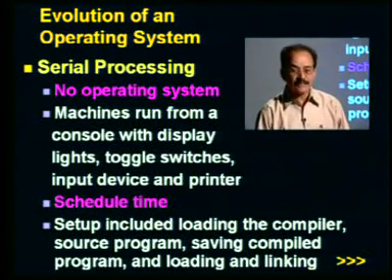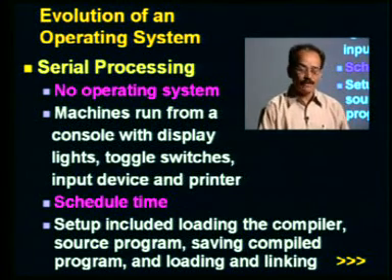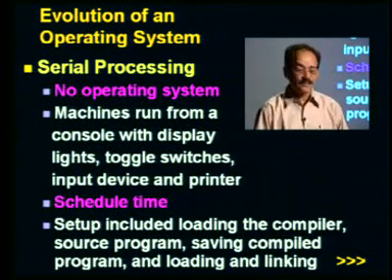Now, initially we started with systems where there was no operating system at all. What used to happen was, everything had to be done by the programmer. Whether it is loading a program into the system, compiling the program, or loading the compiler, every process had to be done by the user only.